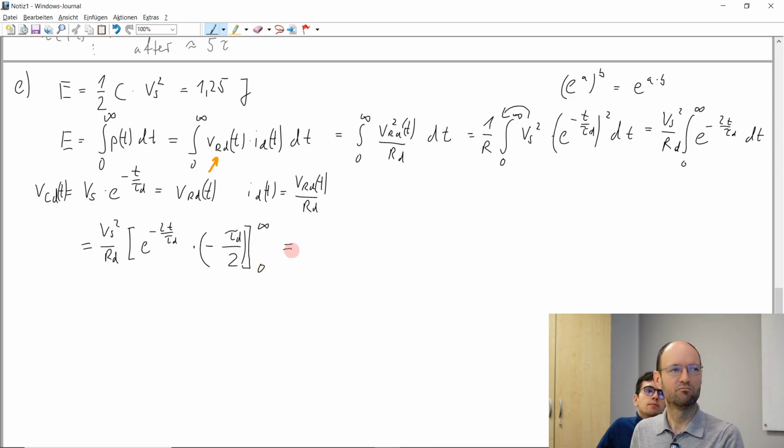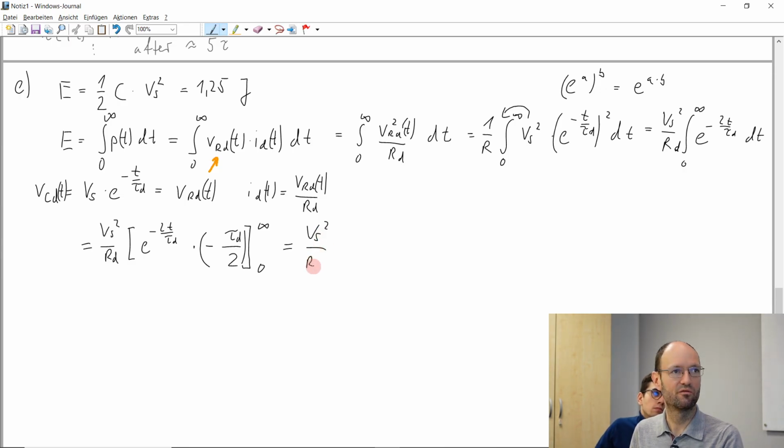So next step, insert the limits. E to minus infinity in this case is 0. Or, okay, let's write it in steps.